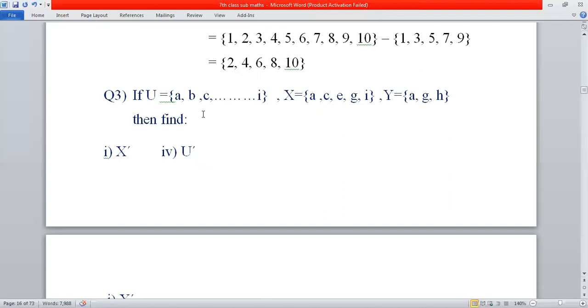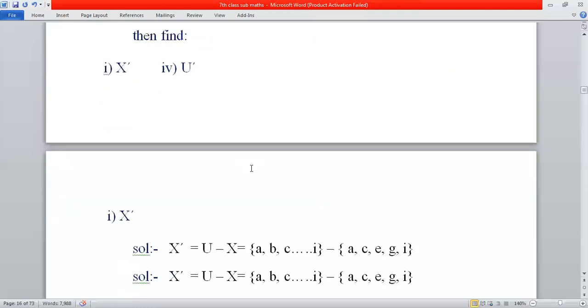Again, in question number 3, you have 4 parts, and here I solved the first part and fourth part. The second and third, in the same way you will do by yourself. This question is just like question number 2, no change. The only change is that in question number 2 you were given numbers, and in question number 3 you are given alphabets.